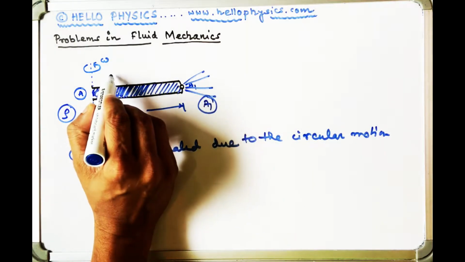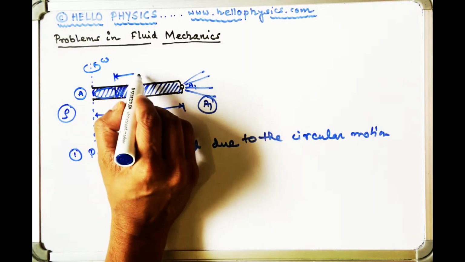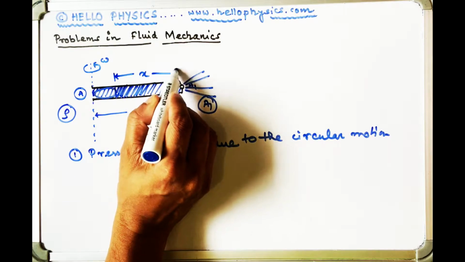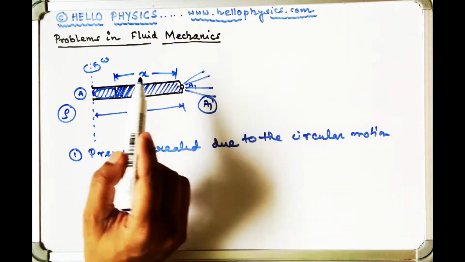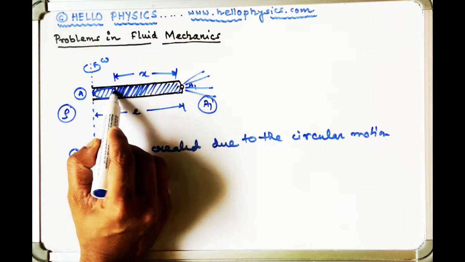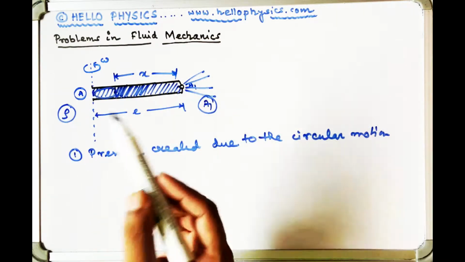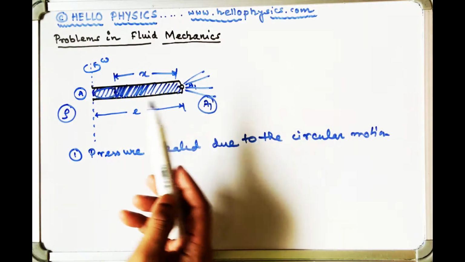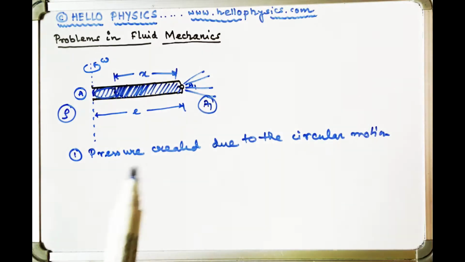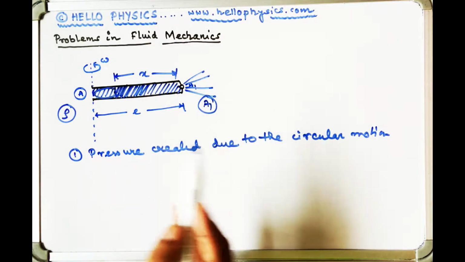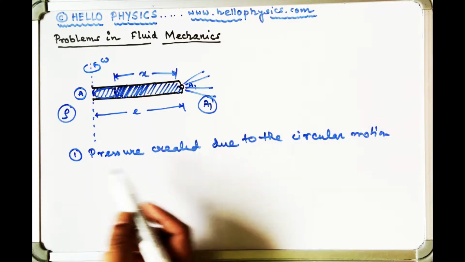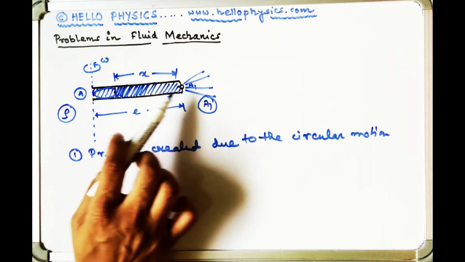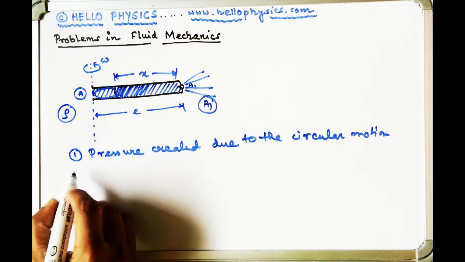So let's say at a certain point of time, you have a length x of liquid inside this pipe. You have to find out what is the difference in pressure between this point and this point at that moment. So how pressure varies as the liquid flows out. So this is the first part of the problem.